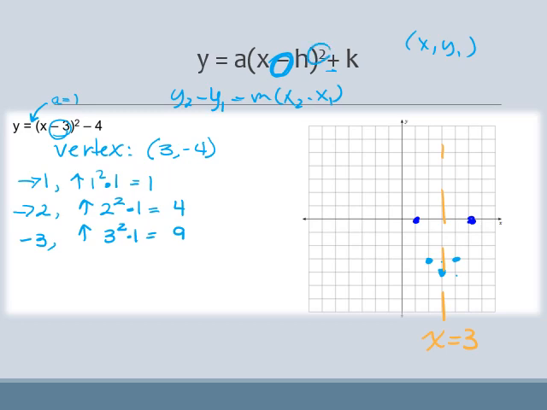So why we're going up by squares is because this is a quadratic and it's squared. So I'm going to go over 3 and up 9. So right here, 3 over to the axis of symmetry, and 3 over this way. And now I've got my quadratic.